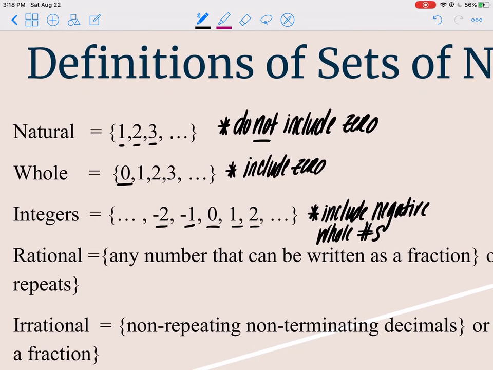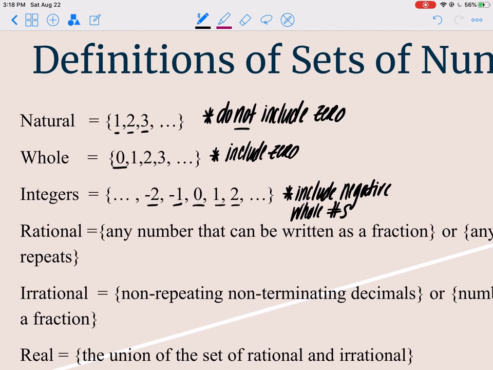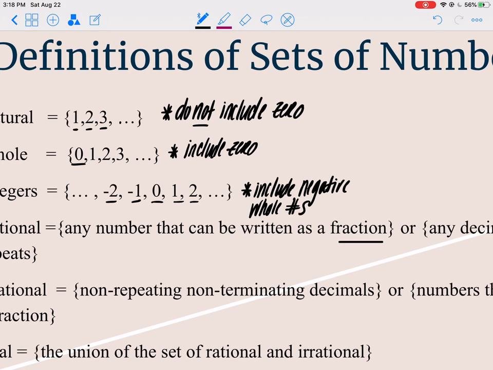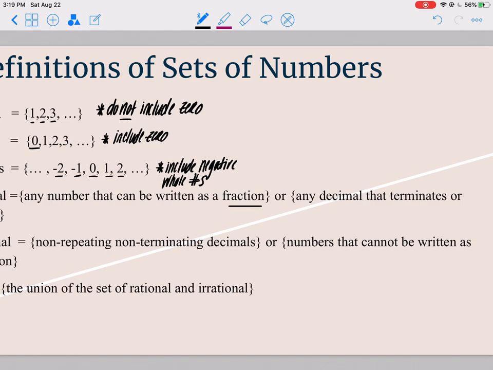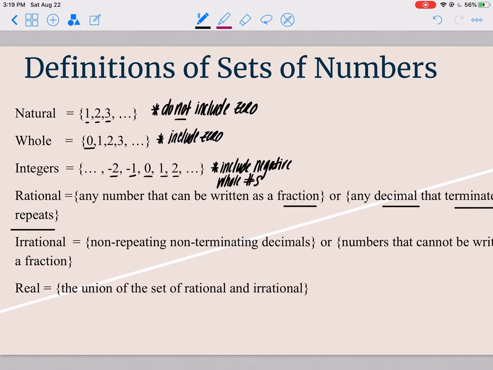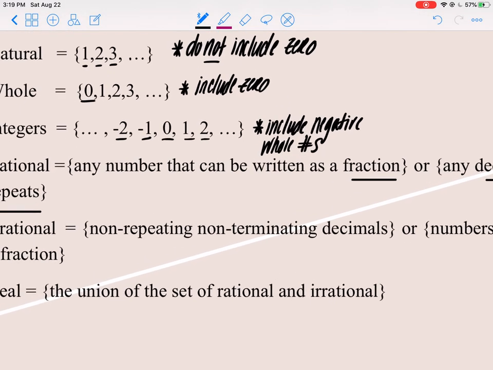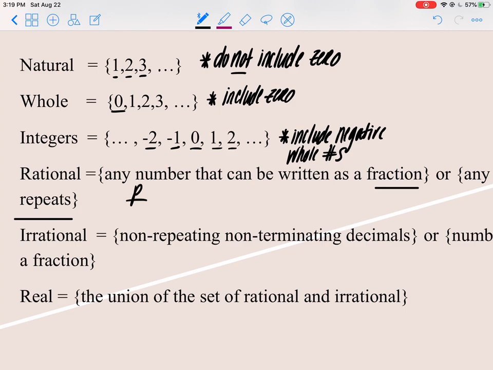Okay, rational numbers. Rational numbers are next. So a rational number is any number that can be written as a fraction or a decimal that terminates, so it ends, it stops at some point, or it repeats itself. Okay, so it can be written as some number divided by some other number.